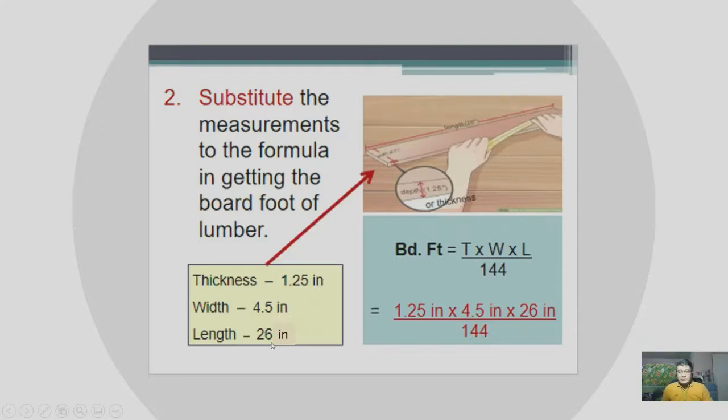The length is 26 inches. Board foot is thickness times width times length over 144. We have to substitute the measurements to the formula. We get 1.25 for the thickness, 4.5 inches for the width, and 26 for the length in inches, divided by 144.